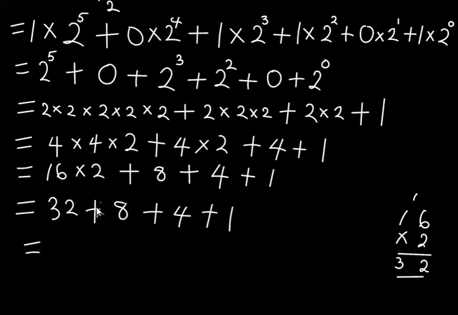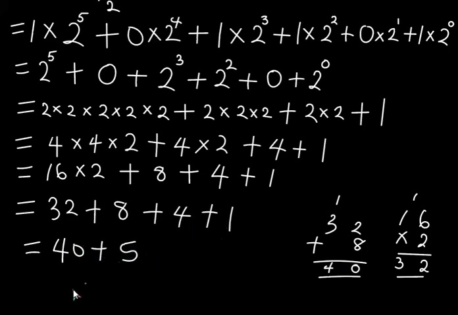So 32 plus 8, and that gives us what? I hope you can do that. 32 plus 8. 8 plus 2 is what? 10, isn't it? We have 1 here, we carry 3 plus 1 is what? 4. So we have 40 plus 4 plus 1 is what? 5, isn't it?